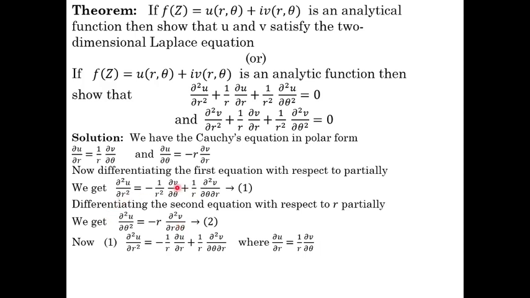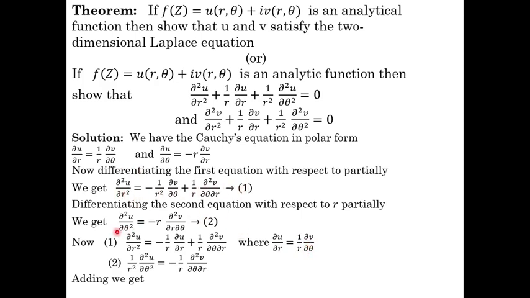That's why in equation 1, ∂v/∂θ can be written as r into ∂u/∂r. So r into ∂u/∂r, one r gets cancelled, remaining is minus (1/r) ∂u/∂r plus (1/r) ∂²v/∂θ∂r. Here we cannot use anything, so write it as it is. And so this is the CR equation in polar form.